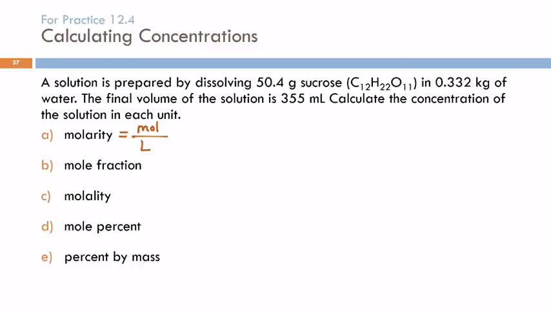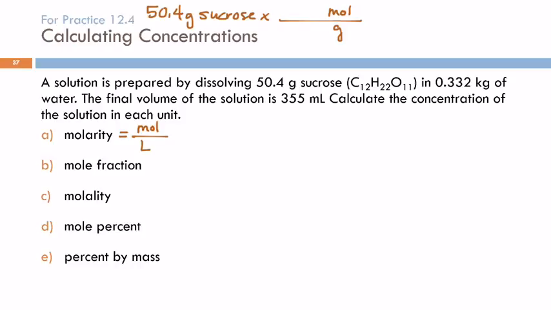Well, they gave us a mass of sugar, 50.4 grams of sucrose. Can we figure out how many moles that is? So we're going to put in the molar mass so the units cancel out.